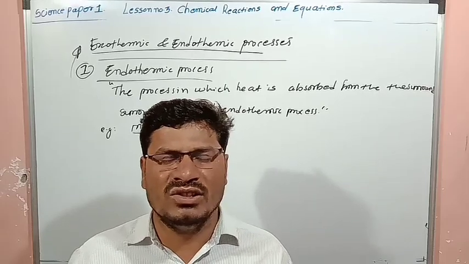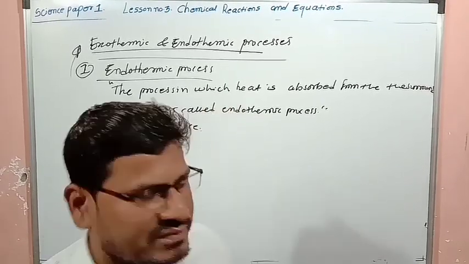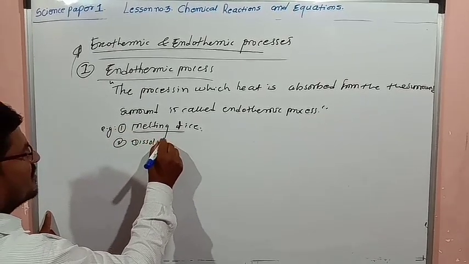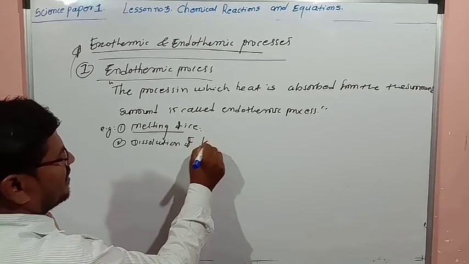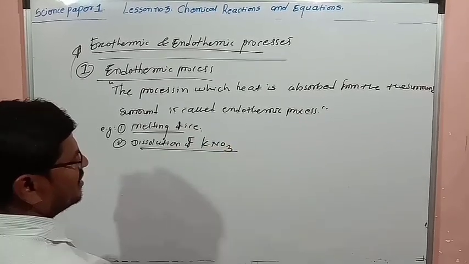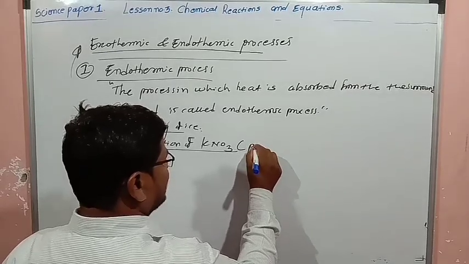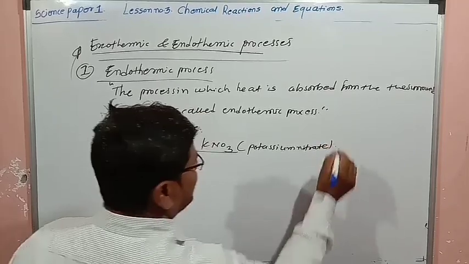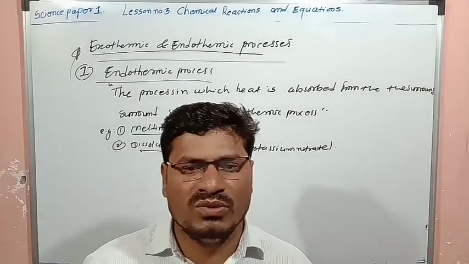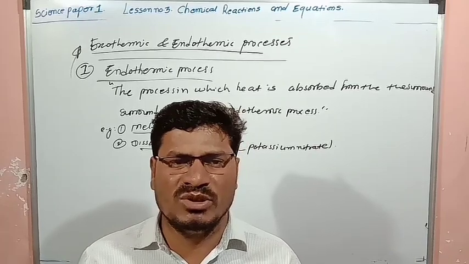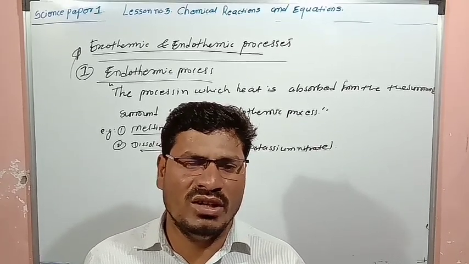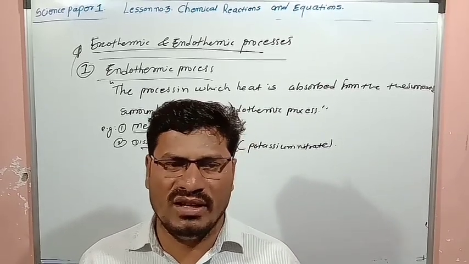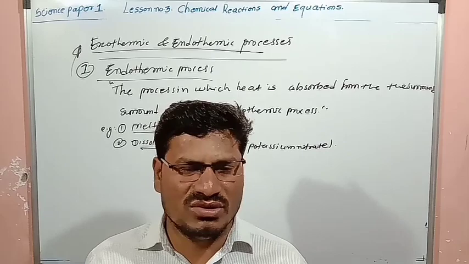Next thing is the dissolution of KNO3, potassium nitrate. In the dissolution of potassium nitrate KNO3, when you dissolve potassium nitrate, it will absorb heat from the surrounding, and because of that the temperature goes on decreasing.